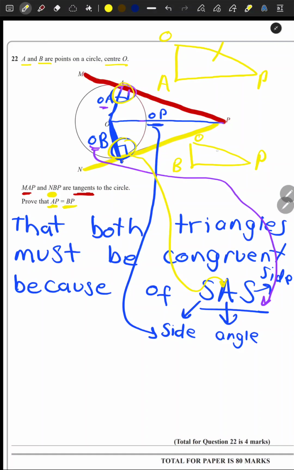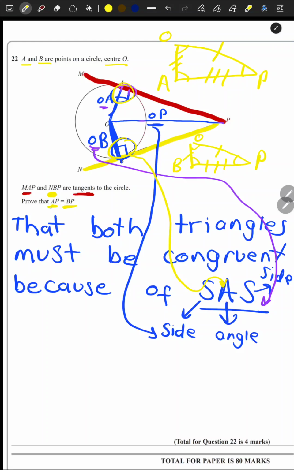Congruent means that all their sides are exactly the same length, and all the angles are exactly the same size as well. Both triangles are the exact same. The only difference they may have is a different orientation. If you were to place them in the same orientation on top of each other, you wouldn't be able to tell them apart.